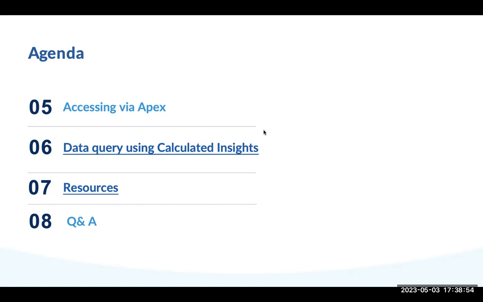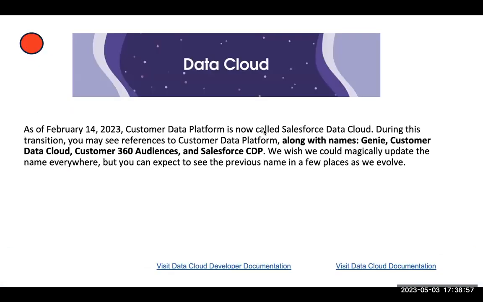So let's jump into the topic. As most of you are aware, from Feb 14th, 2023, that's the day we started the Data Cloud series. Initially we had customer data platform, and now it's called Salesforce Data Cloud.